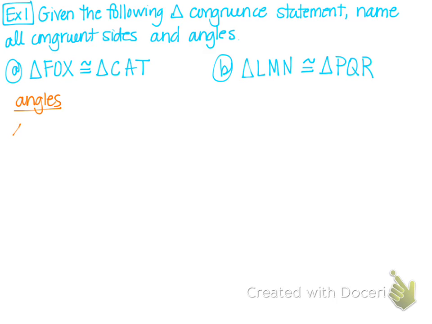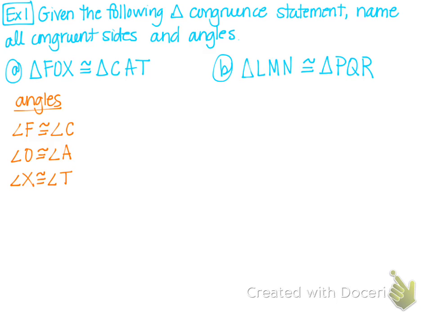Now, angle F is going to be congruent to, and if you look, F is written first and C is written first, so angle F is going to be congruent to angle C. Angle O is written second, so in the other triangle, angle A is written second, so angle O is congruent to angle A. And then lastly, angle X is congruent to angle T.